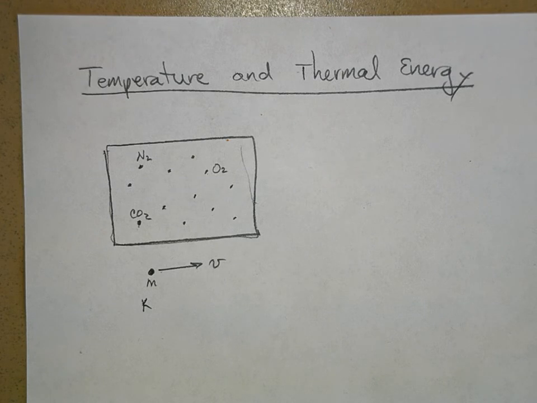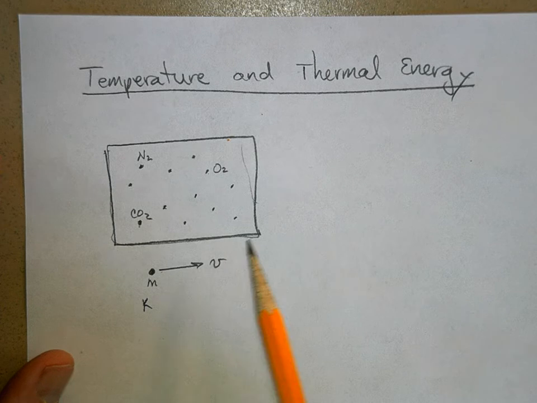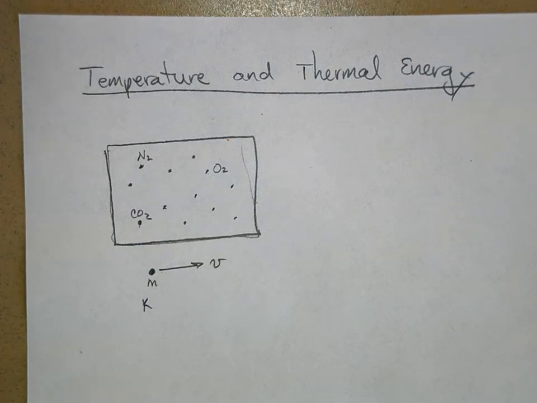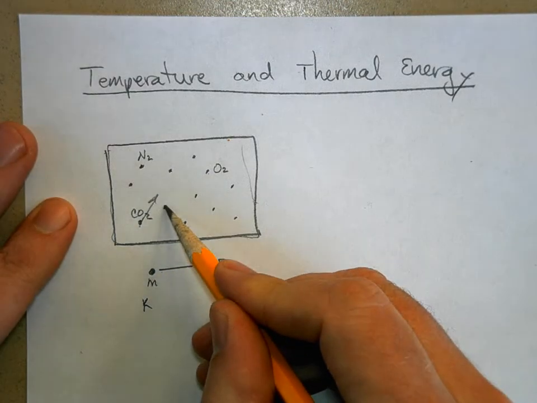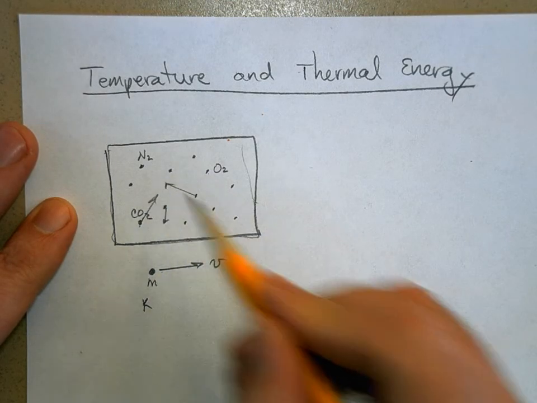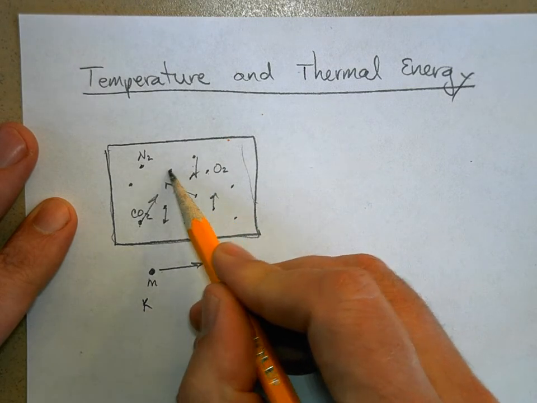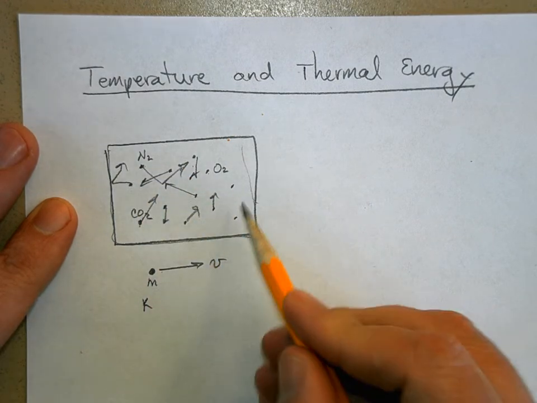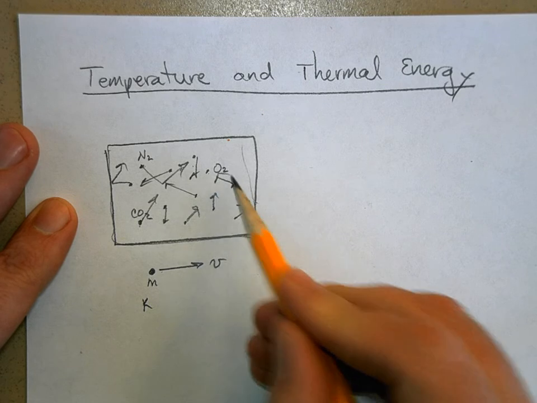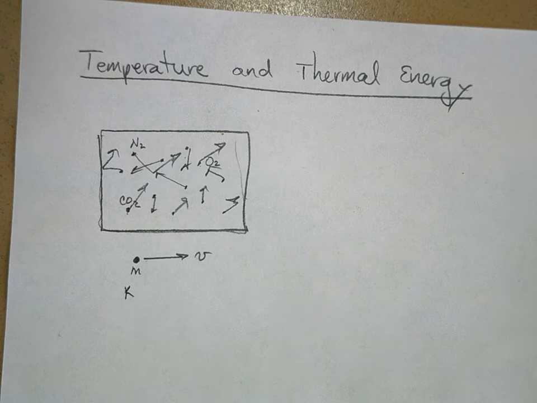What we're going to do is look at billions, if not trillions, of these little particles, and average them together. So we're going to look at the average kinetic energy of all these particles, because some of them are moving fast, some a little bit slower. Some have a little bit of mass, some have more mass than others. They bounce off each other and hit off the walls, but they're moving in all different directions, and that makes it a gas.